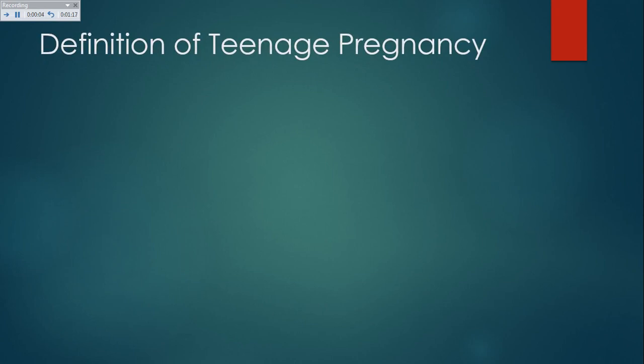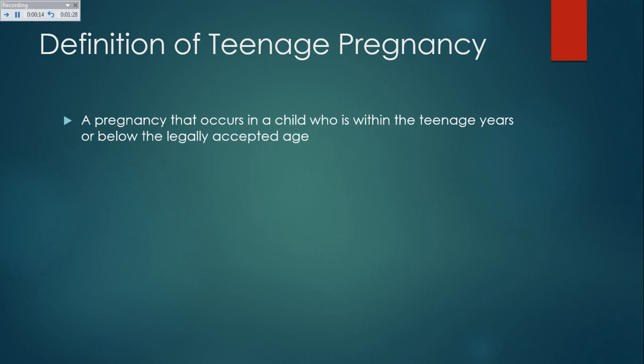Let us look at the definition given to teenage pregnancy. We can have a number of definitions for teenage pregnancy, but to keep it quite simple, we may define teenage pregnancy as that which occurs in a child who is within the teenage years or below the legally accepted age.